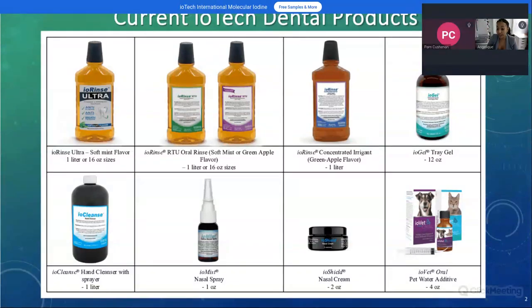The soft mint flavor also contains xylitol. So I know some people may be interested in xylitol products. So the soft mint ready to use does contain xylitol. These products are also available in 1 liter and 16-ounce sizes, 12 1-liter bottles per case, 24 16-ounce bottles per case.